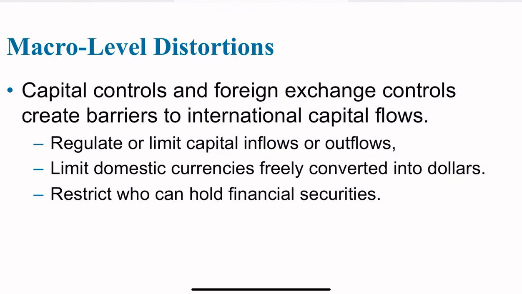And these controls will create barriers to international capital flows. And you can imagine that if there are barriers, then markets will be segmented, right? So these barriers are just like walls built around each country, right? So markets will naturally be segmented. Basically, these capital controls or these exchange controls, they're there to regulate or limit capital.